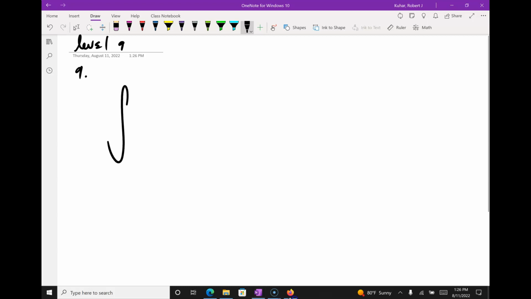Let's do the integral of x plus 1 over the square root of 1 minus x squared. Well, this one clearly has an inside, right?